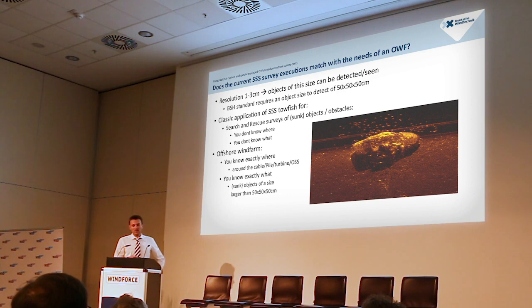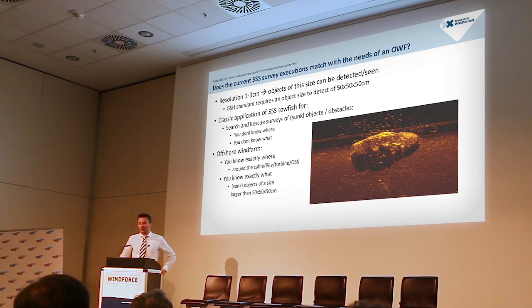The second one is the classical application of the side scan sonar towfish. It's some kind of towfish being pulled behind the vessel right above the seabed. It actually comes from search and rescue surveys, where you don't know what and don't know where to survey. In the offshore wind farm industry, it's completely upside down.